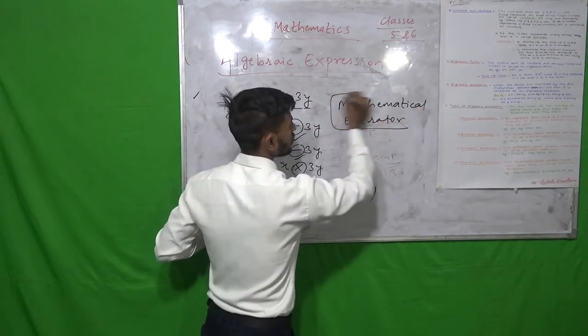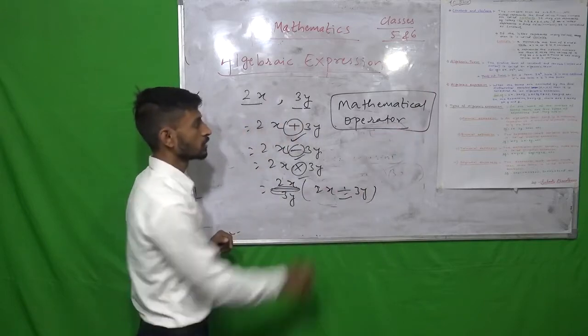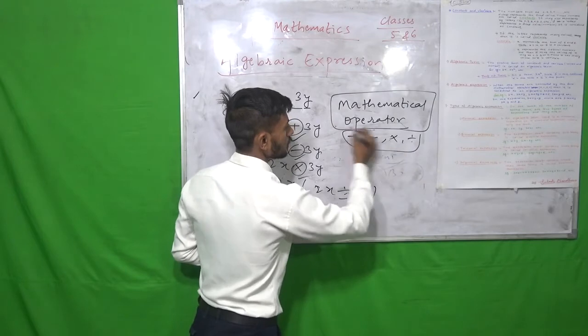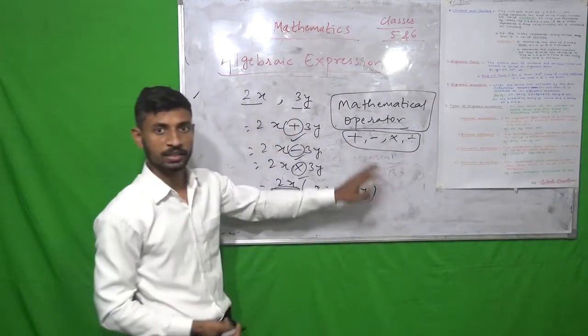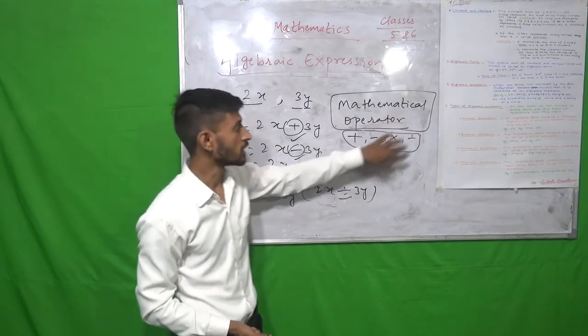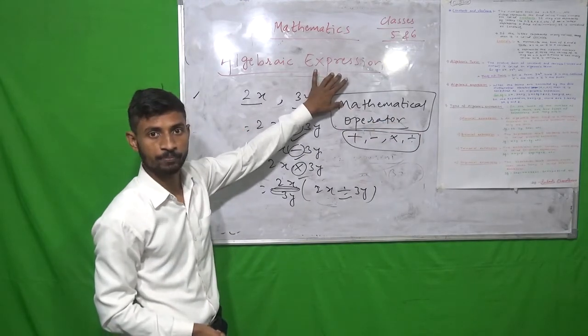Mathematical operator means the four signs: plus, minus, multiply, divide. If the terms are connected by these signs, then they are called an expression.